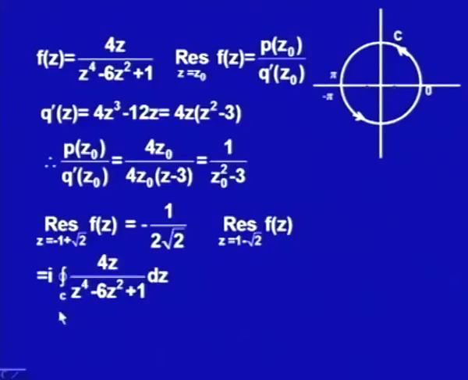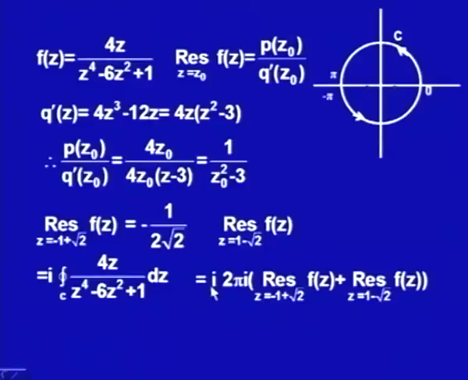So, now using the residue theorem, the integration would be i times 2 pi i times the residue at minus 1 plus root 2 plus the residue at 1 minus root 2, which is i into i, that is minus 1, 2 pi. Here we are getting minus 1 upon 2 root 2, again minus 1 upon 2 root 2, so we would get minus 1 upon root 2.